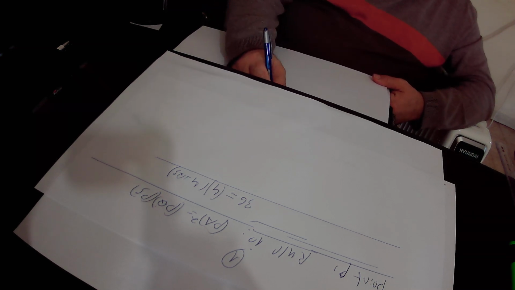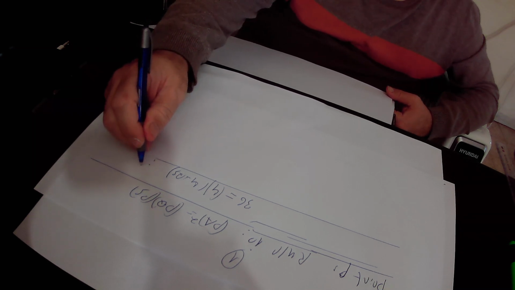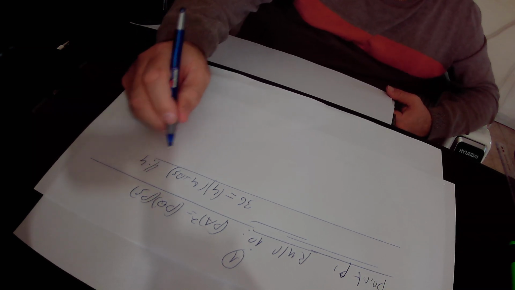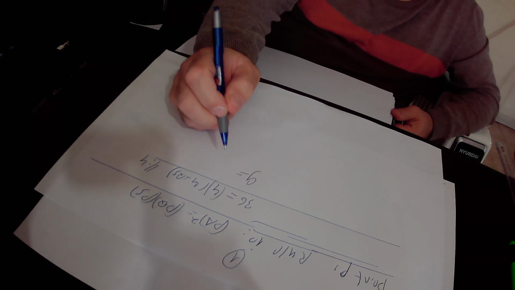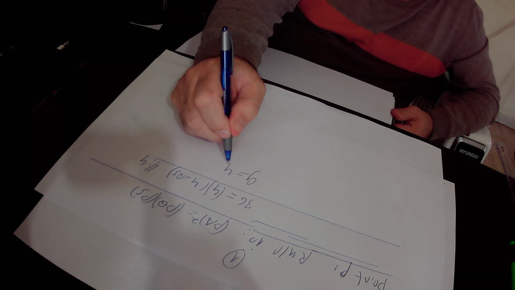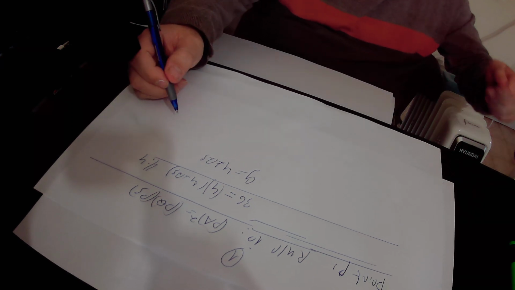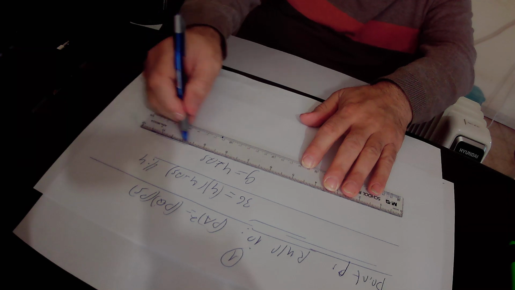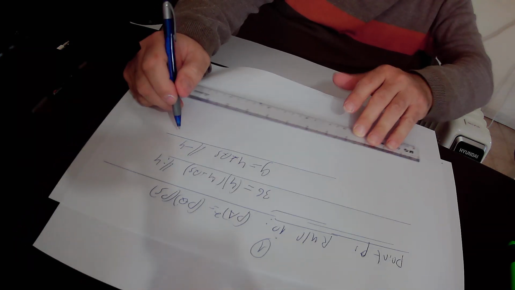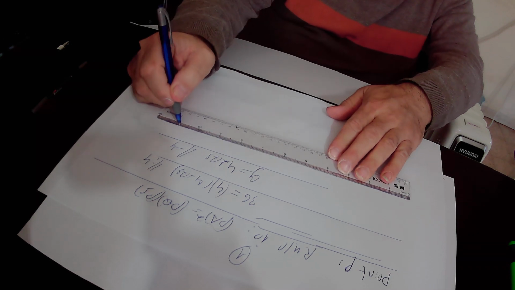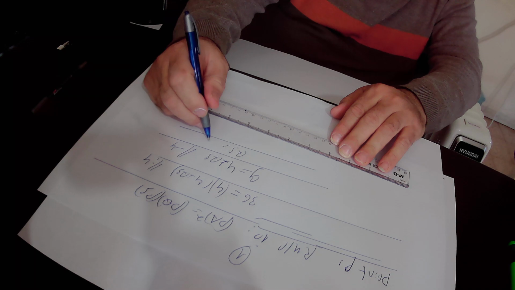Here, we divide this equation by 4, and you get that 36 over 4 is 9, so 9 equals 4 plus QS. Here we'll subtract 4 from this equation, and you get that QS equals 9 minus 4, that is 5.